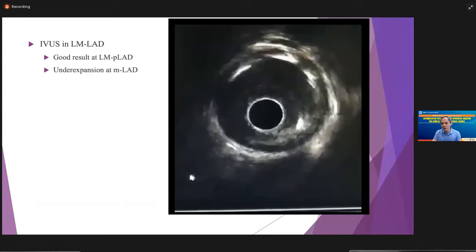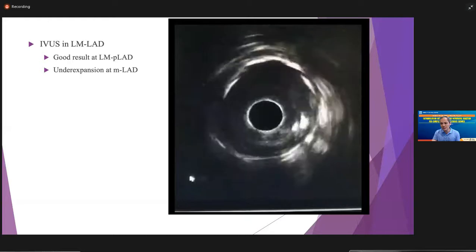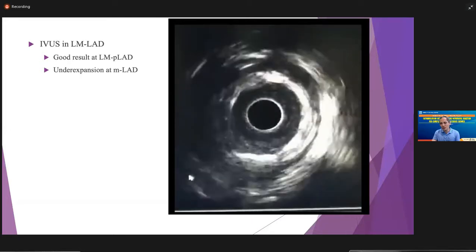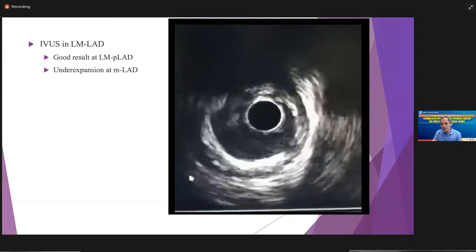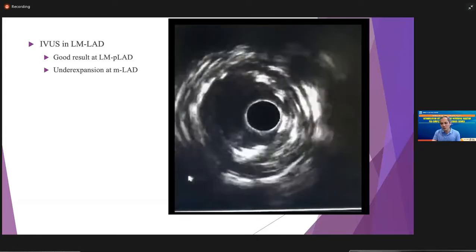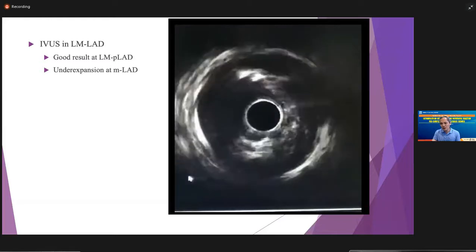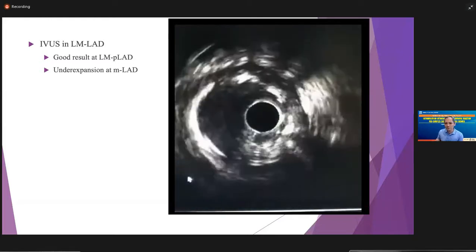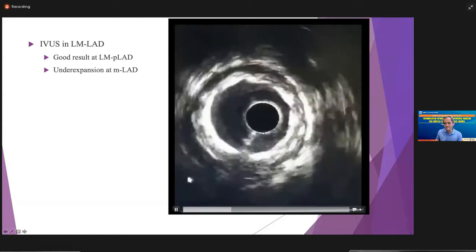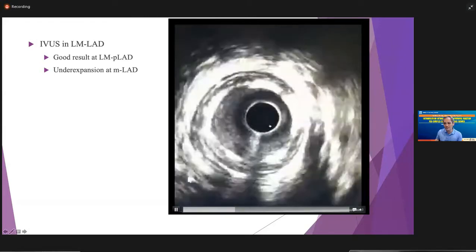And now we use the IVUS to see the stent. In the first stent in LAD, not a good result, but the proximal LAD, not a good result.